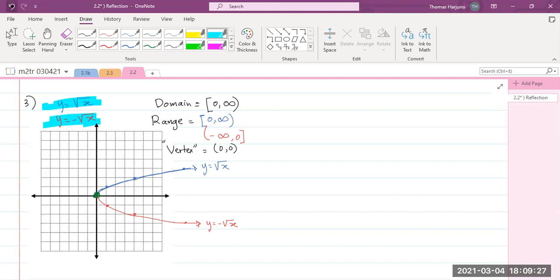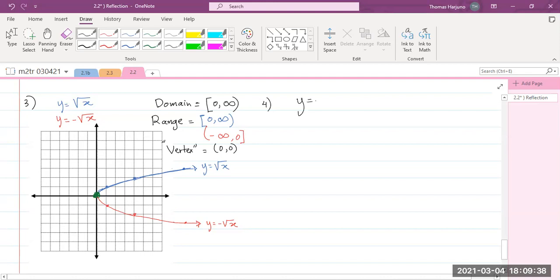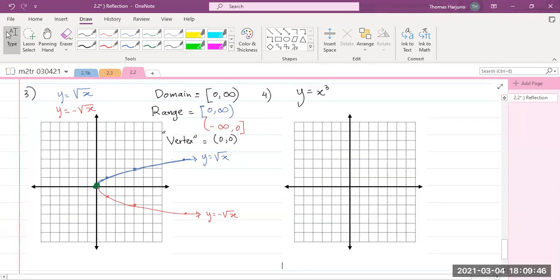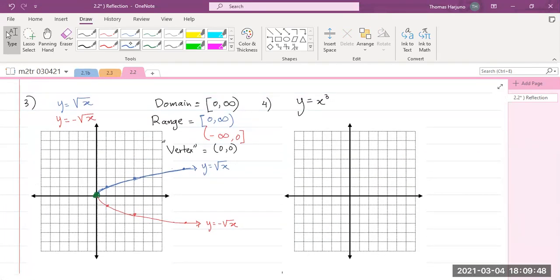Okay, it has no axis of symmetry. Okay, number 4. Y equals x cubed. The graph looks like this: the vertex is 0, 0.